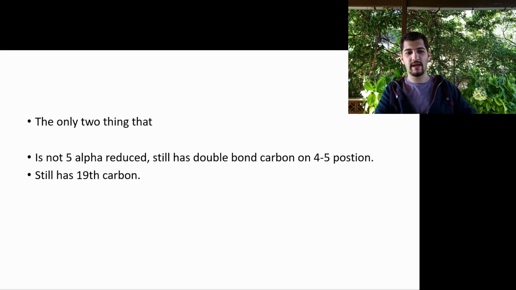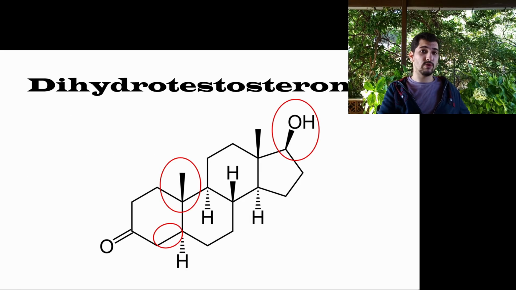The only two things that you can catch whether that androgen belongs to the testosterone group or the dihydrotestosterone group are: one, it still has the 19th carbon, and two, it is not 5-alpha reduced. So it tells you that the molecule is a testosterone derivative, or testosterone itself. It means that it belongs to that family.